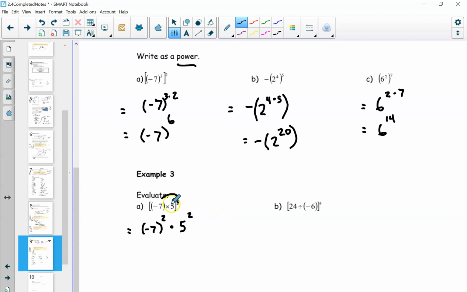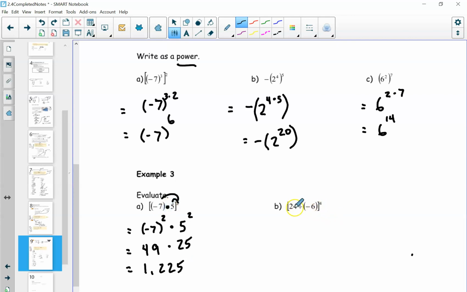So the power of 2 applied to both of the factors in here. Okay, negative 7 squared is going to be positive, so it's 49, times 5 squared, we know is 25, and just pound that into my calculator. 49 times 25 equals 1,225.